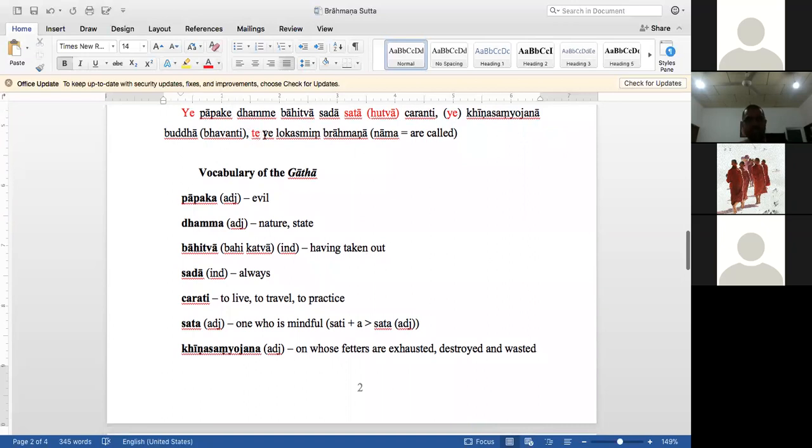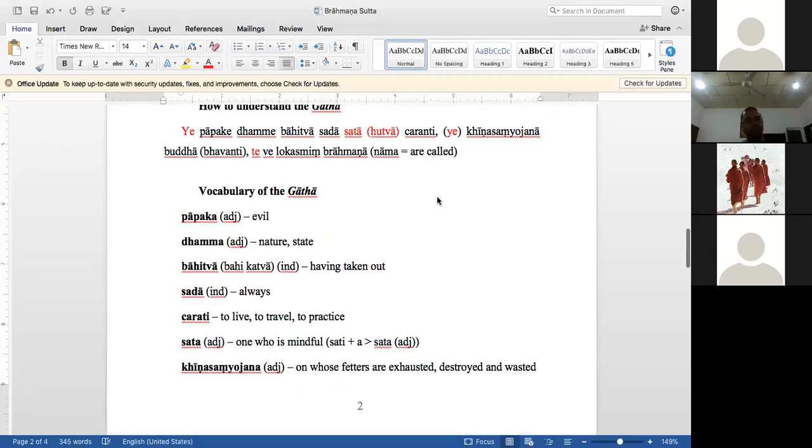Ve is indeed; it shows emphasis. Lokasmin Brahmana: they are the Brahmins in the world. The commentary gives the meaning Nama, they are called the Brahmins in this world. Nama means is called or are called, and because it's a plural sentence we put it as are called.